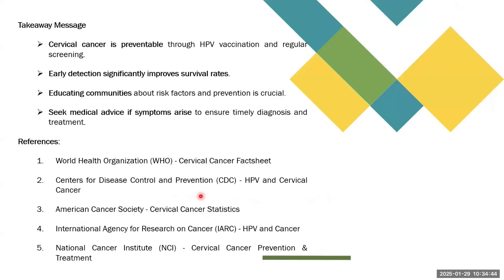So, what is the takeaway message? Basically, cervical cancer is completely preventable through HPV vaccination and regular screening. Unlike other cancers such as ovarian cancer or breast cancer, cervical cancer is totally preventable. Early detection significantly improves survival rates.